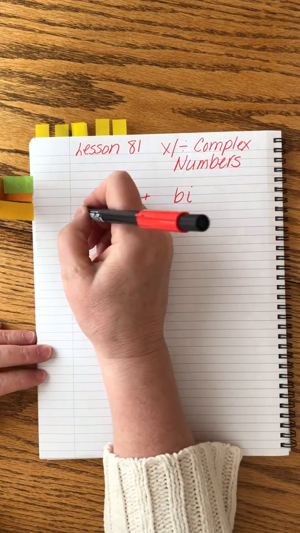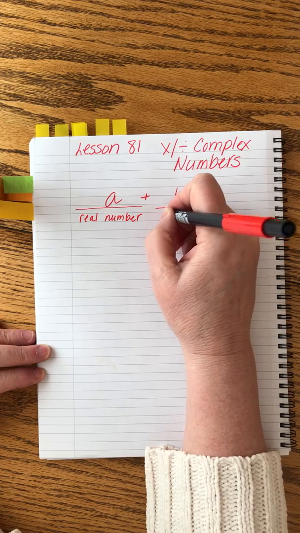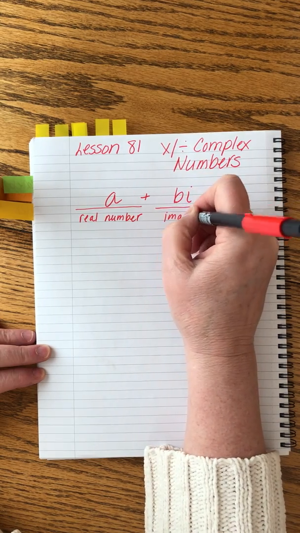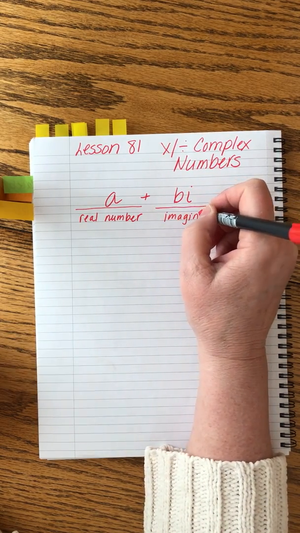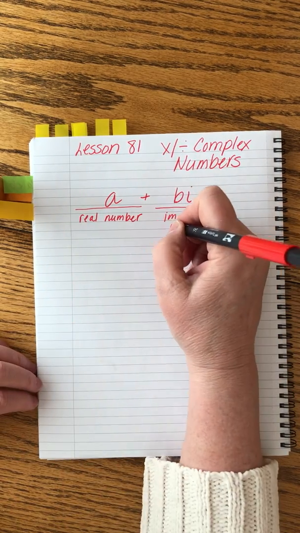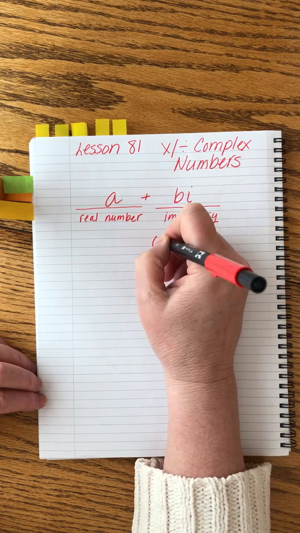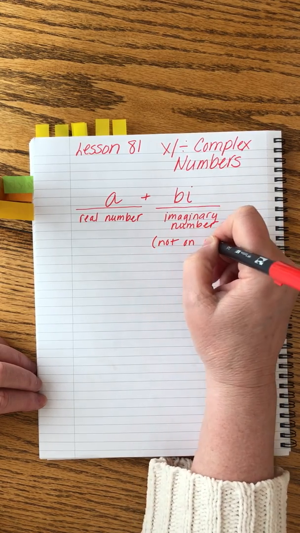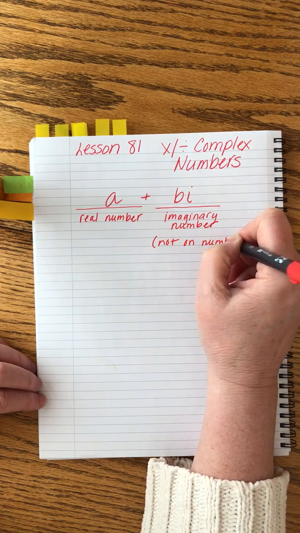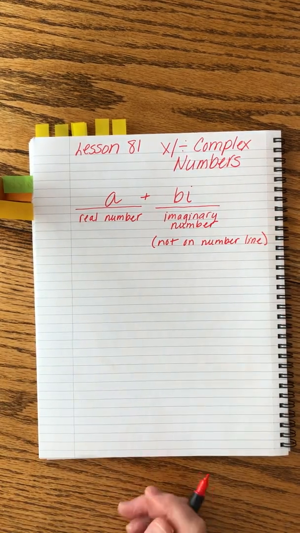The second part, the b times i, that's where it gets a little crazy. It gets a little Alice in Wonderland. That's what we call an imaginary number, right? You can't find it on the number line. That's the mathematician's way of saying it is not a part of our reality.